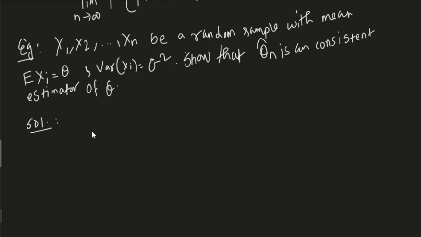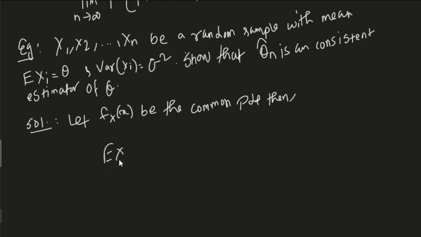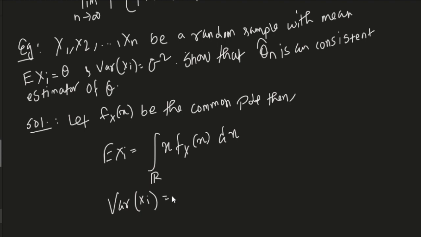Since let f(x) be the common PDF, then E of Xi is simply the integral of x f(x) dx, while variance of Xi is the integral of (x minus E of Xi) squared f(x) dx.